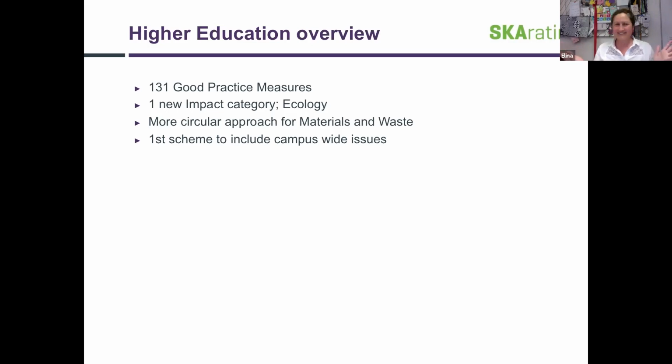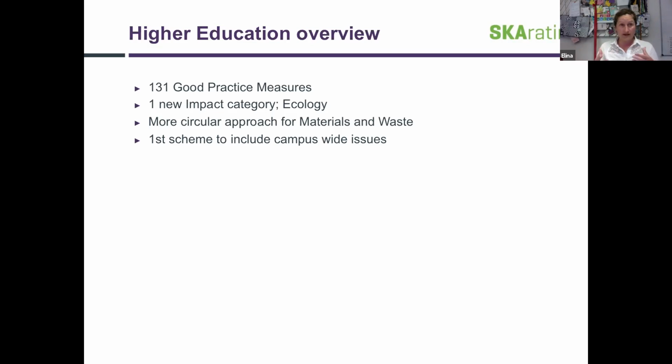Anyway, ecology was introduced, and it's a question mark whether that will apply to other schemes, but definitely for higher education projects, this was needed. The other big issue was that a more circular approach has been introduced. Circular economy and circular design are very much part of materials and waste processes. That comes both in the criteria themselves, plus the actions that we take as a project team coming together, the different conversations, the different processes that you look at.